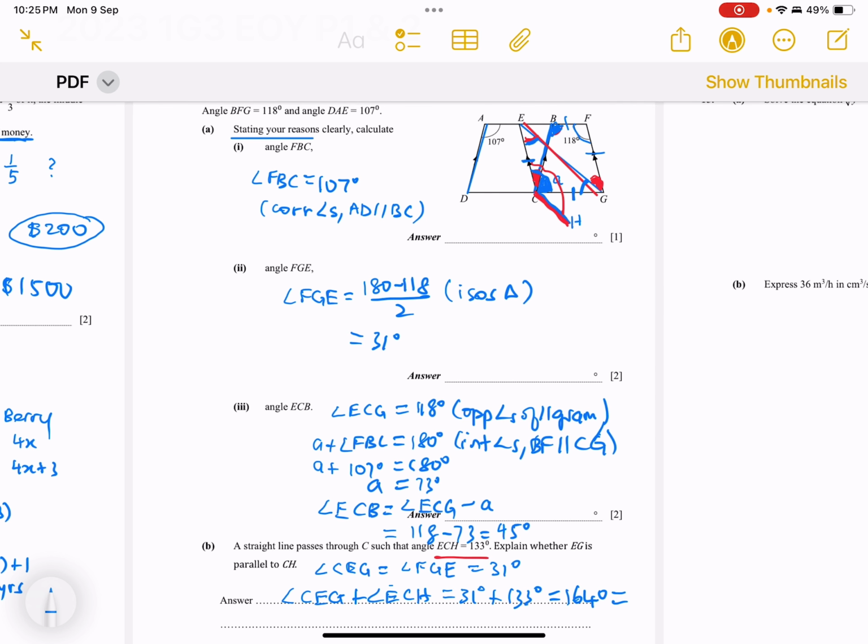And this is not equal to 180. Therefore, the line EG is not parallel to CH.